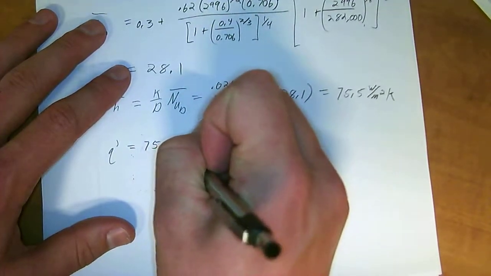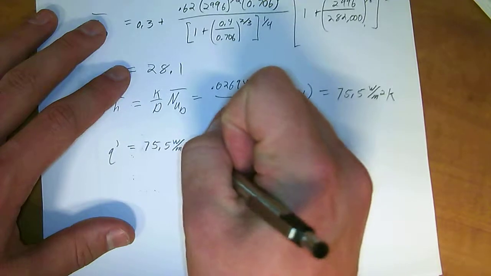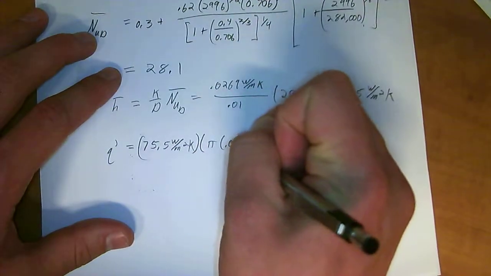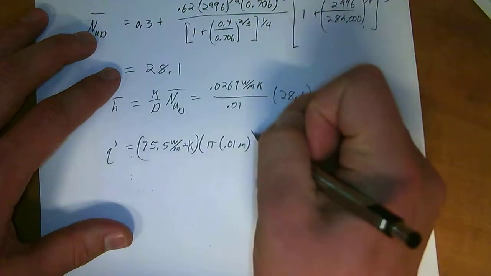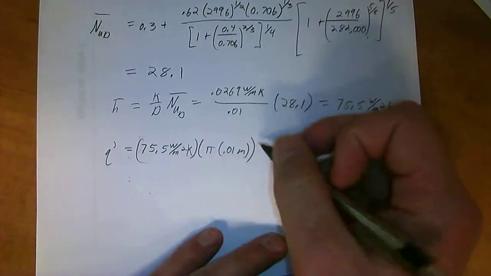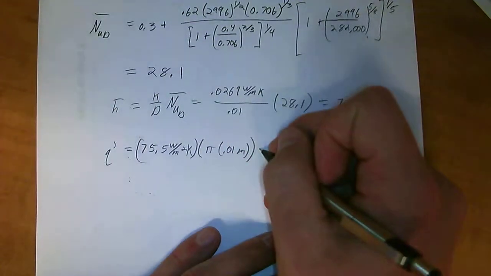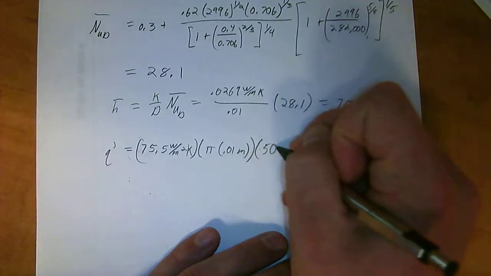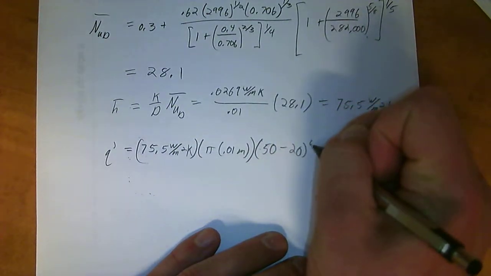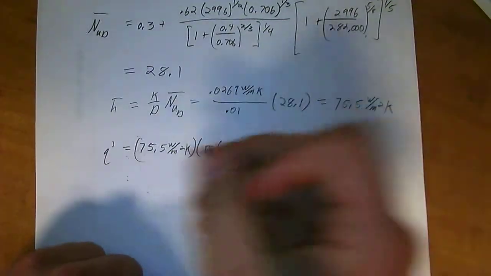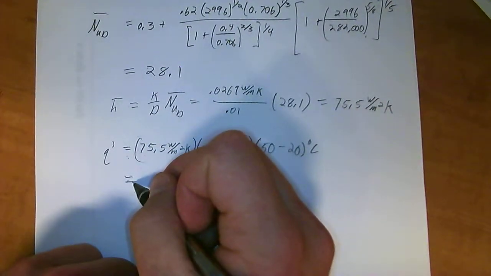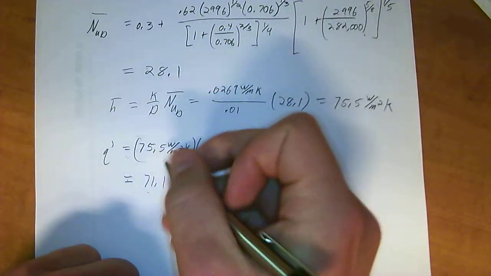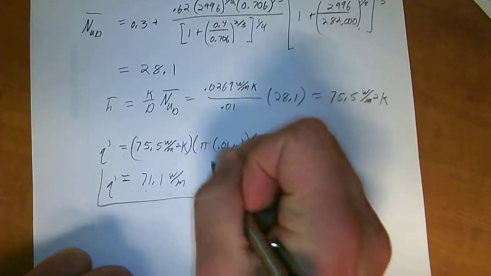So q is 75.5 watts per meter squared Kelvin, our h bar, times pi times 0.01 meters, which is our D, which gives us our circumference, which comes from the area, since we're doing heat flux per unit length. And then we've got 50 minus 20 degrees C. If you calculate that all out, you'll have 71.1 watts per meter, which is our q.